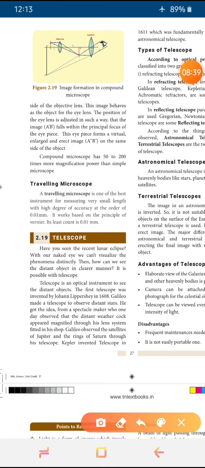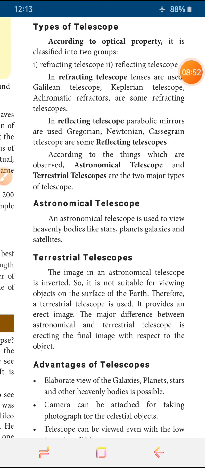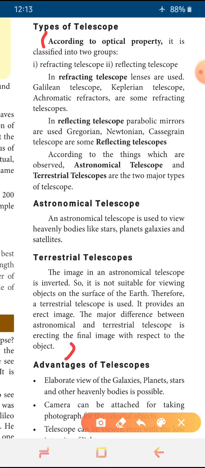Mark some question and answers about the traveling microscope. You mark from here to here. It is about the traveling microscope. It may be asked as a 2-mark question. Then the types of telescope: you can mark from here up to here as a 7-mark question.